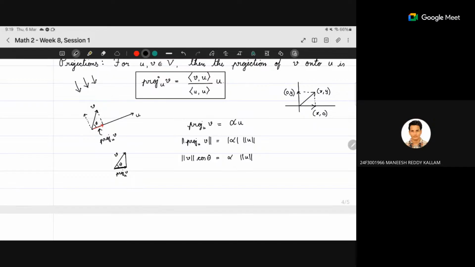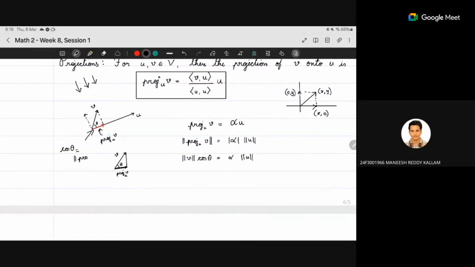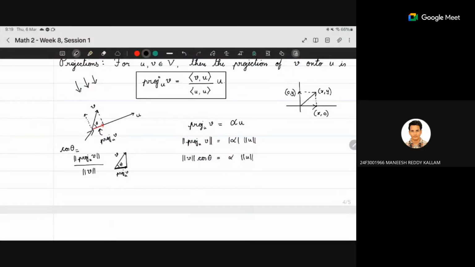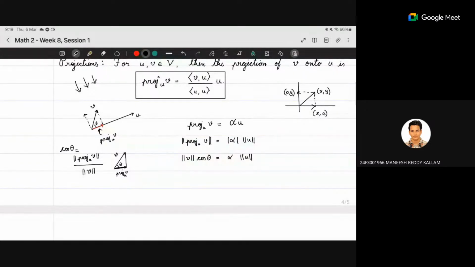So in this triangle, cos theta is equal to norm of projection of v divided by norm of v, because projection of v is the adjacent side and v is the hypotenuse. So norm of projection of v is just norm v cos theta.